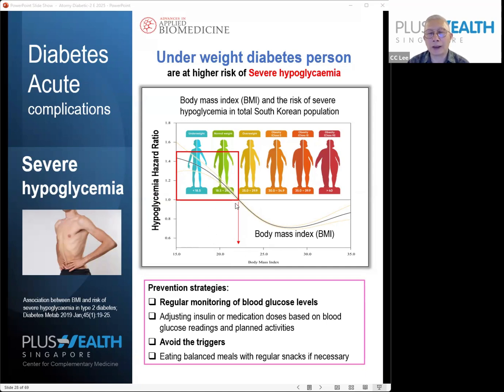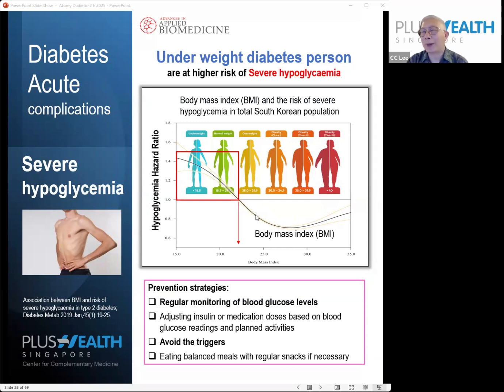But you can see that if your body mass index is lower than 22, you are quite healthy in the normal weight range. If you are underweight, lower than 20, then your risk of suffering from hypoglycemia goes up very rapidly. Whereas if you are overweight or even obese, your risk of hypoglycemia is actually lower.